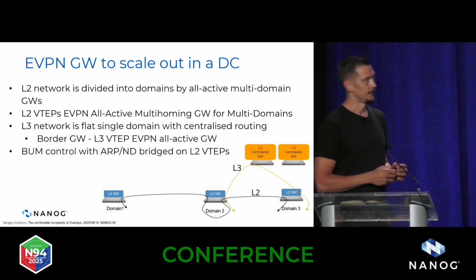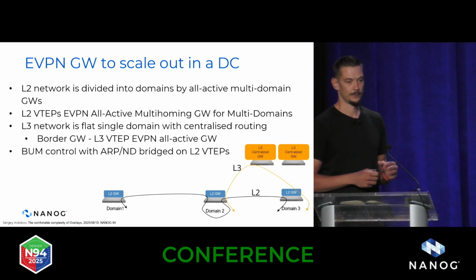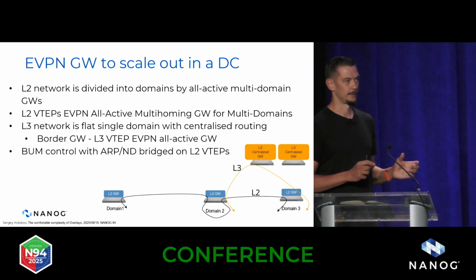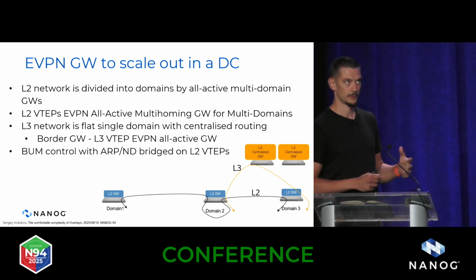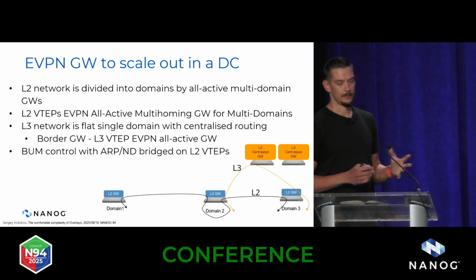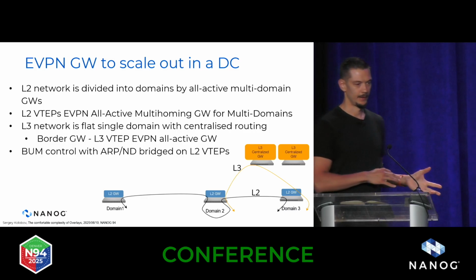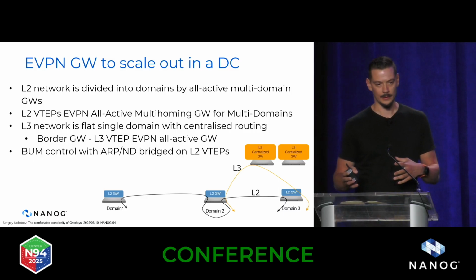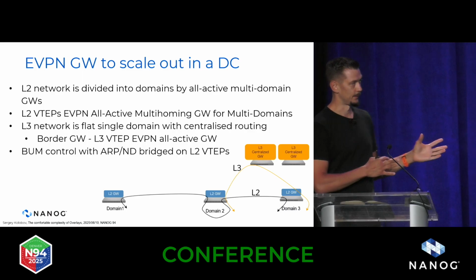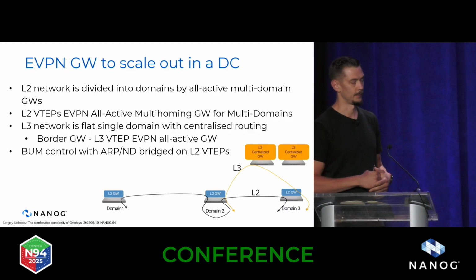Probably touching base on something related to a combination of different deployment options of EVPN gateways. We don't necessarily need to depend either on L2 gateway or only on L3, as we saw in different slides just before that.